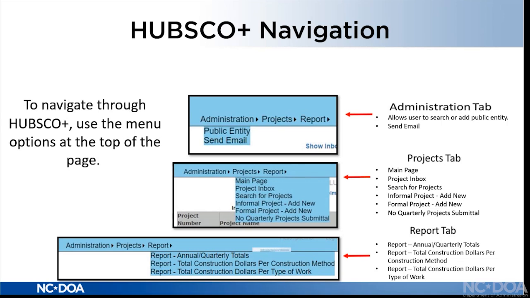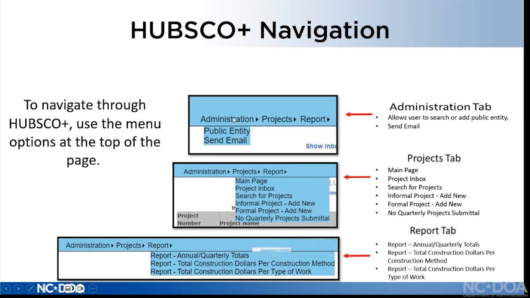So HUBSCO Plus navigation: at the top of each screen, there's this blue bar. I didn't choose the color, but I didn't object to it because it wasn't the sun faded yellow that used to be. So administration, projects, and reports show up at the top, and if you hover over them, it will show a little menu right below.